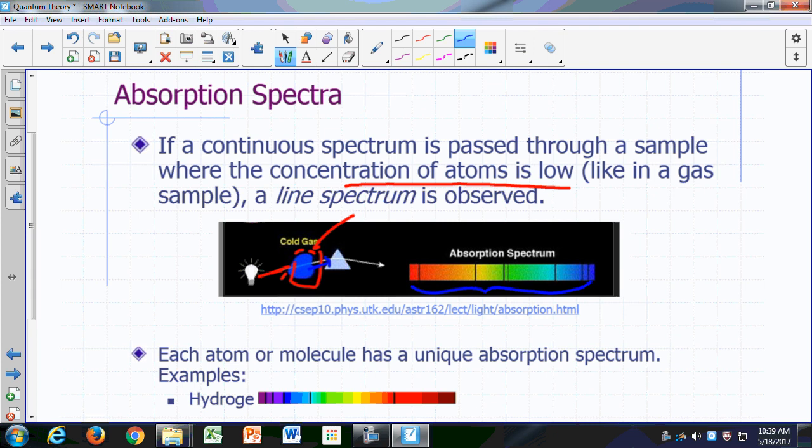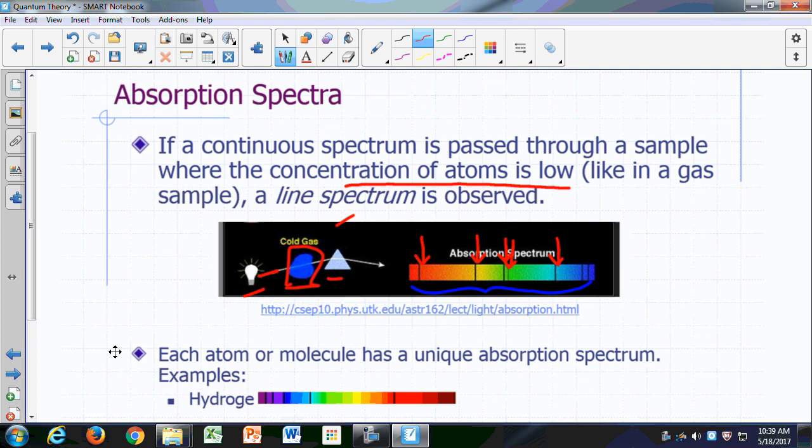Remember, without this cold gas, you get a continuous band of colors, but now you see these dark lines because of the presence of that sample of gas in between the light source and the prism. Those dark lines are also unique for each atom. So the pattern that you see is unique for each atom.